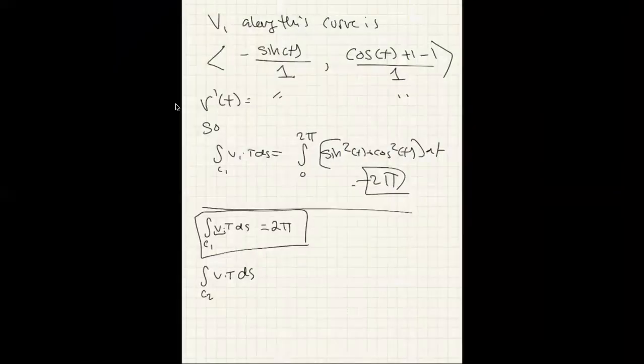So if you believe me, everything is going to work out just as in the C1 case. You'll get the integral over C2 of V2 dot T ds, because the V1 piece drops off since you're not enclosing the singularity of V1. And what you'll get is an integral from 0 to 2 pi of negative sine squared minus cosine squared, which is negative 1, dt, which is negative 2 pi.